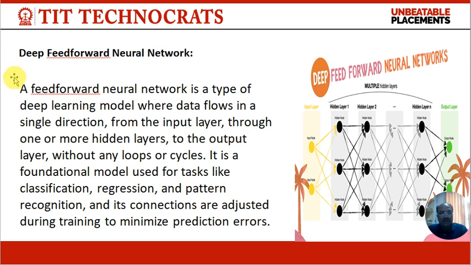You can see the definition of deep forward neural network. A deep forward neural network is a type of deep learning model where data flows in a single direction from the input layer through one or more hidden layers to the output layer without any loop or cycle.